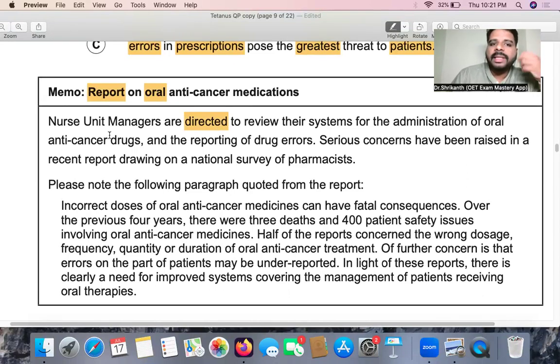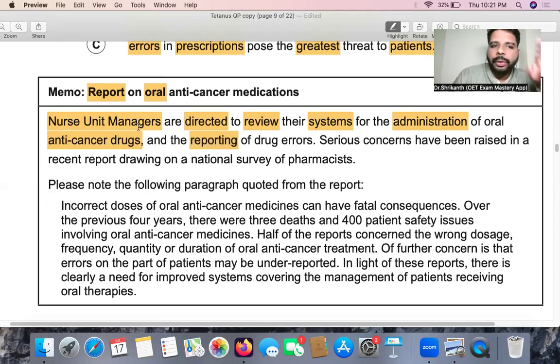Who is instructed over here? Nurse unit managers, that is managers who are responsible for nursing units. They are instructed, and what is their duty? To review their systems. Review means to monitor, to check their systems for the administration of oral anti-cancer drugs. Administration means giving. And reporting of drug errors.